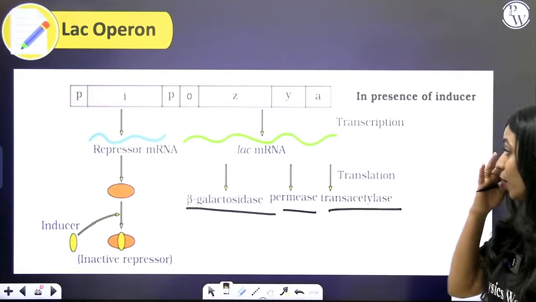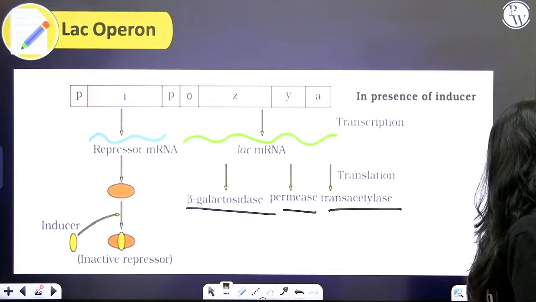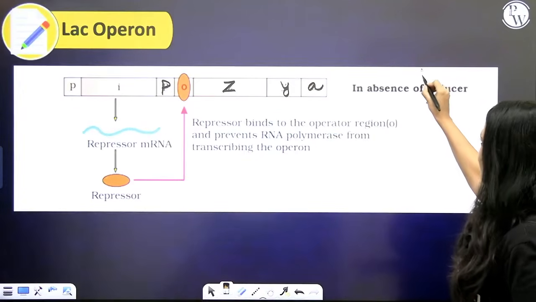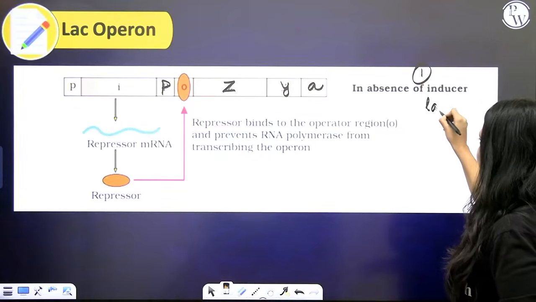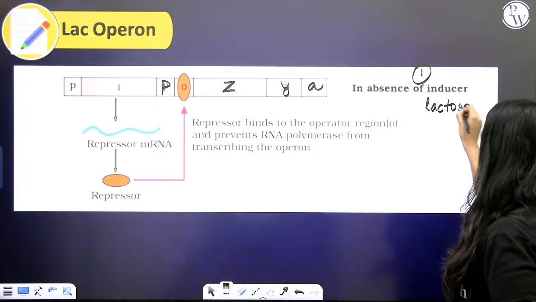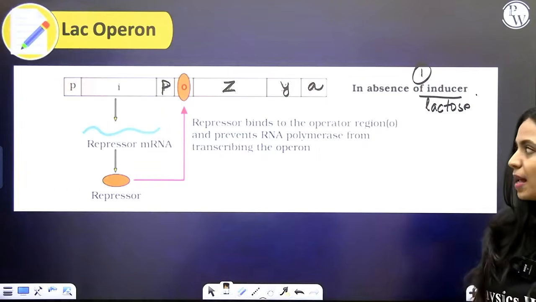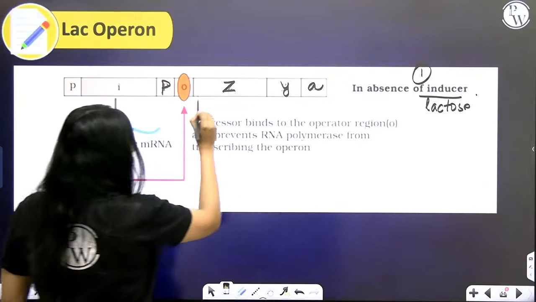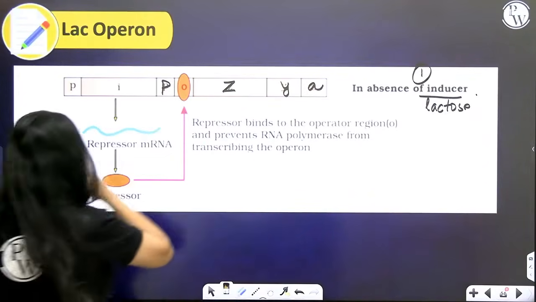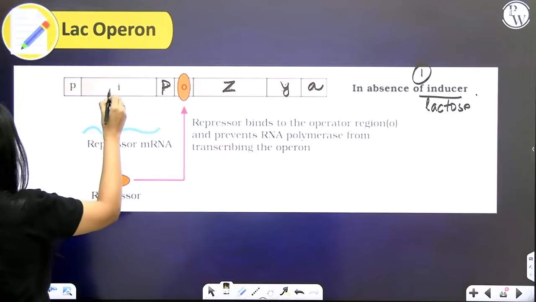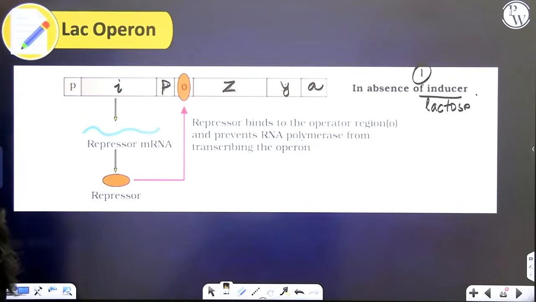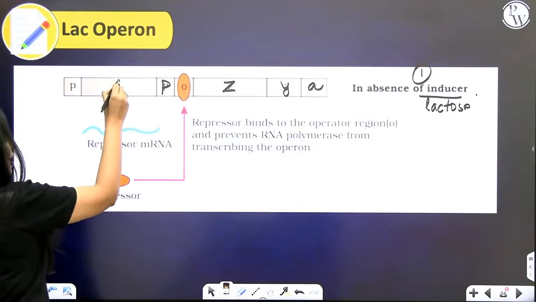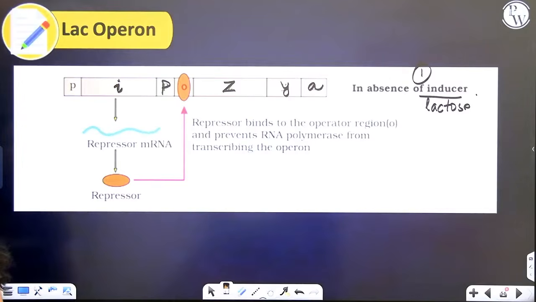Now, over here, in the first case, lactose is absent. Lactose over here is the inducer. Okay. Lactose is absent. Before the promoter of these structural genes, you have another gene called the repressor gene, represented by lowercase i.